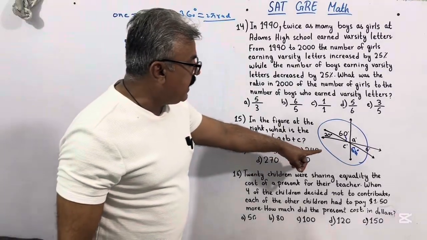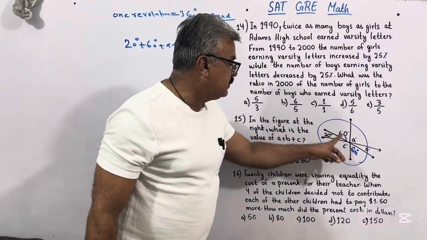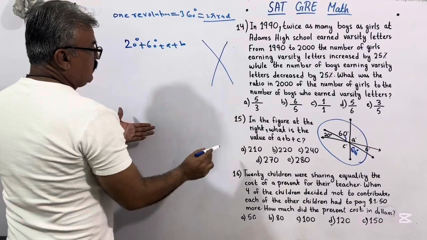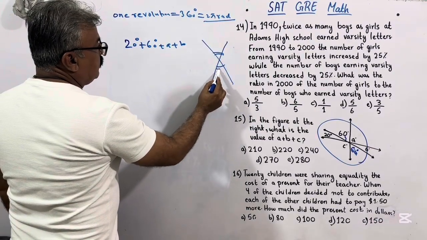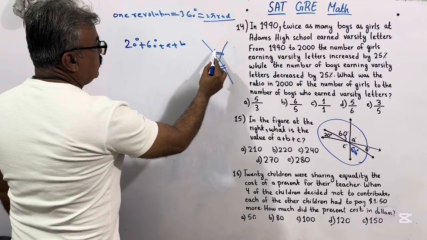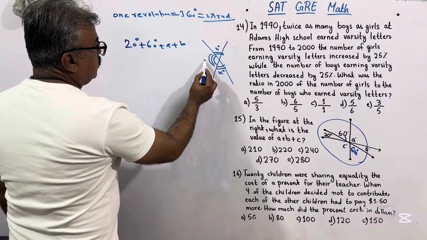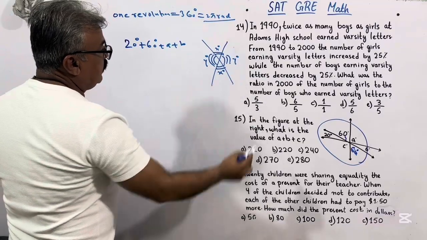Let me give you some idea about vertical angles, to refresh your memory. They are vertical angles, it's x degrees, it's also x degrees. These are also vertical angles, this is y degrees, this is also y degrees. They are equal.